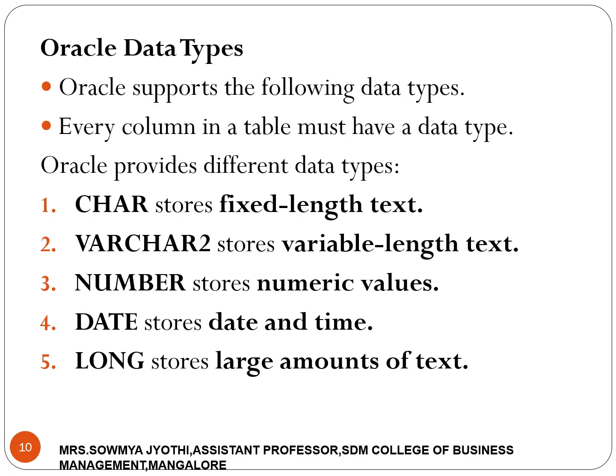About Oracle data types, Oracle supports the following data types. Every column in a table must have a data type, and Oracle provides different data types such as char, varchar2, number data type, date and time data type, and long data type.